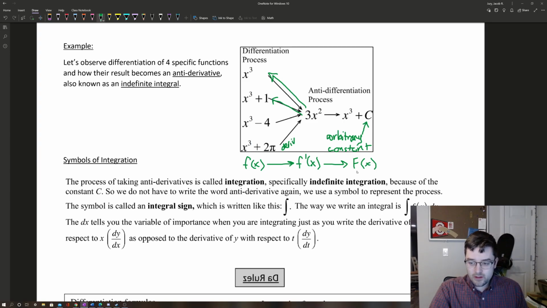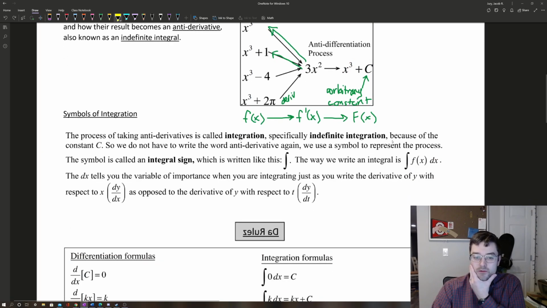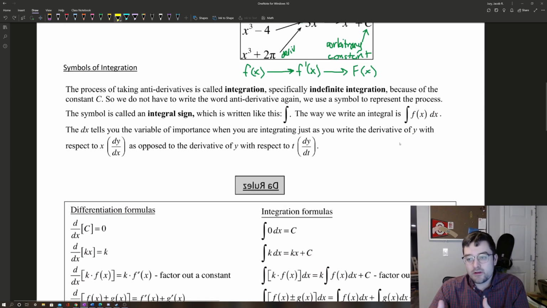So you can see how similar lowercase f of x and capital F of x are because of their format. Okay, great.